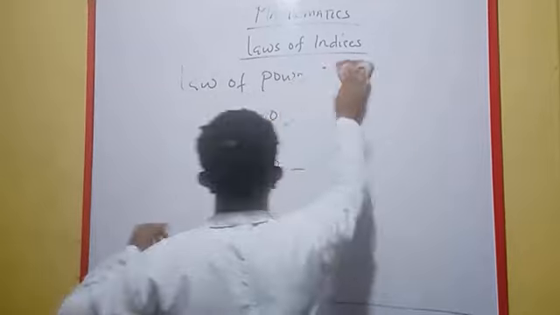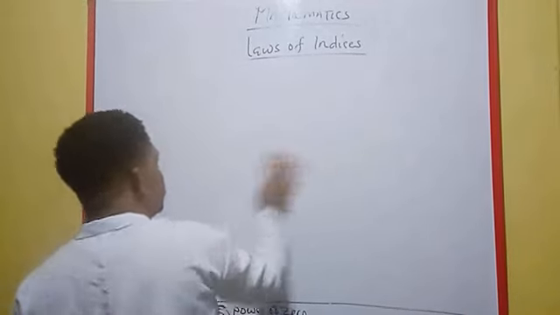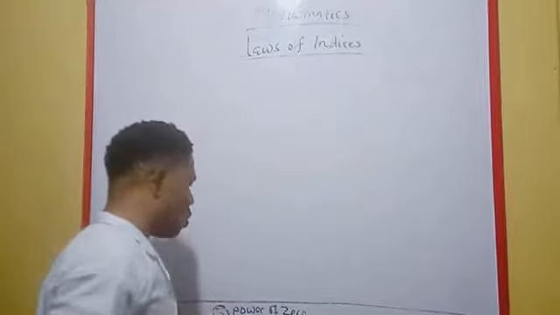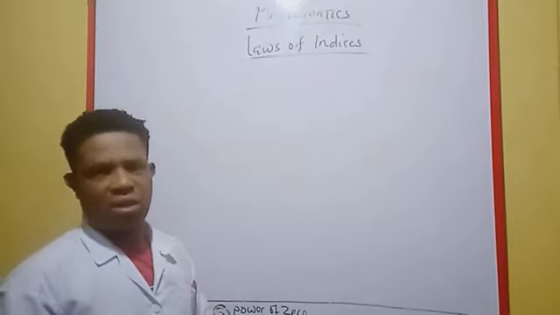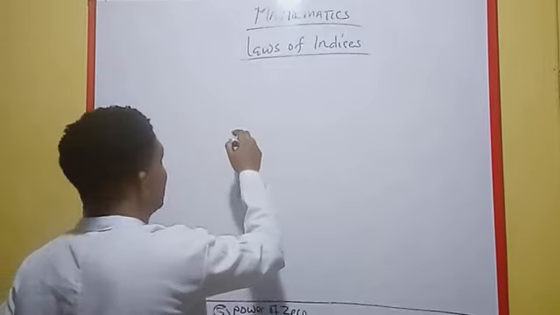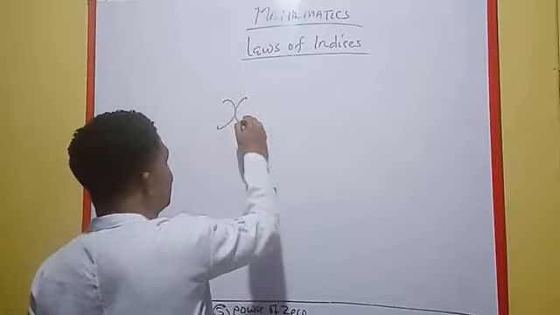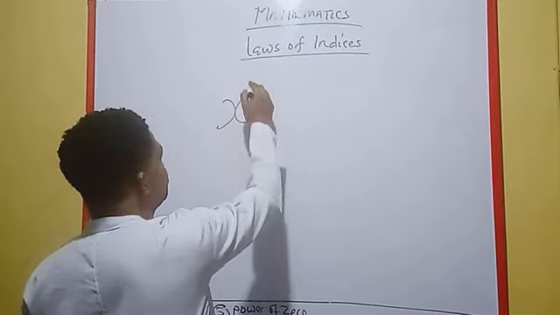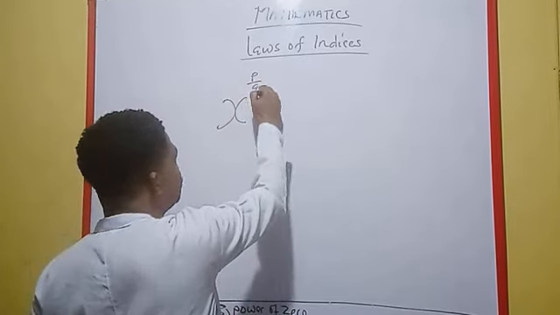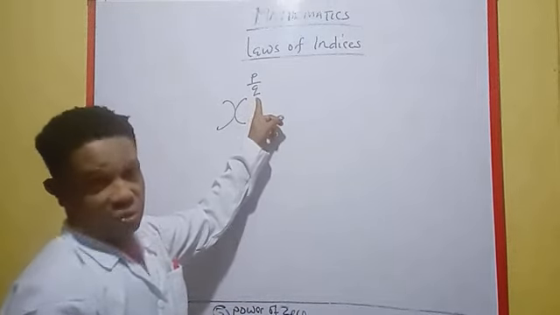Now let's go to the sixth law. The sixth law is the law of fractional powers. That means that if you have something like this, base x raised to power p over q, you see that the power is a fraction.